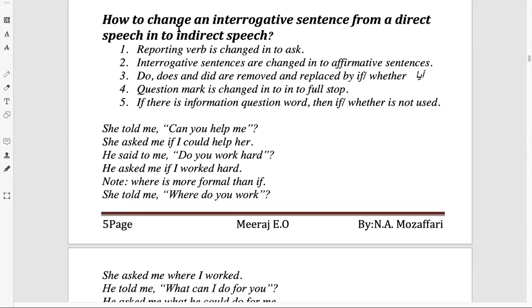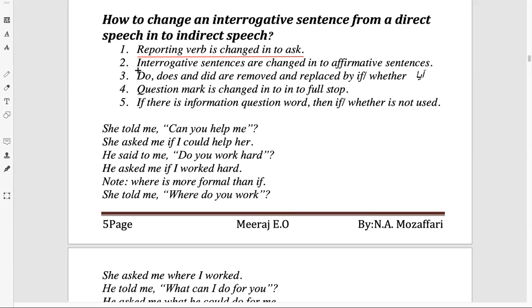Number one, the reporting verb is changed to ask. In other normal sentences that we have studied, usually we were using said, she said to me, she told. But here in this kind of sentences, you are going to change it to she asked me, she asked you. You use ask as a reporting verb.